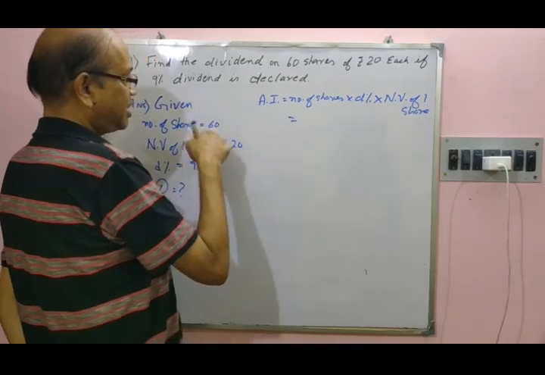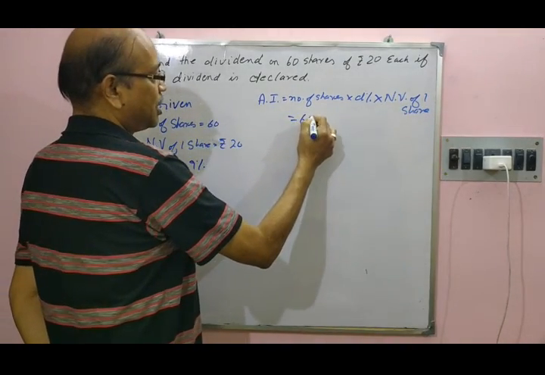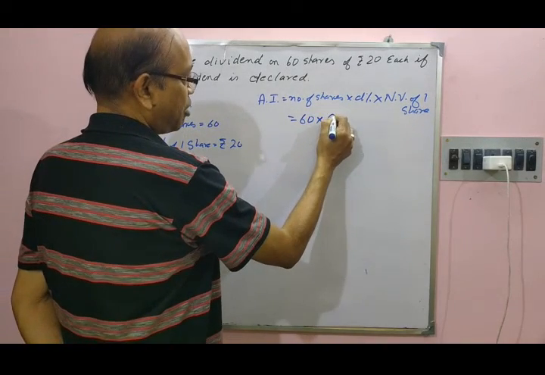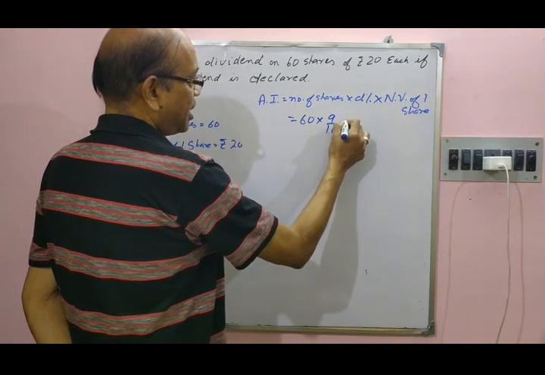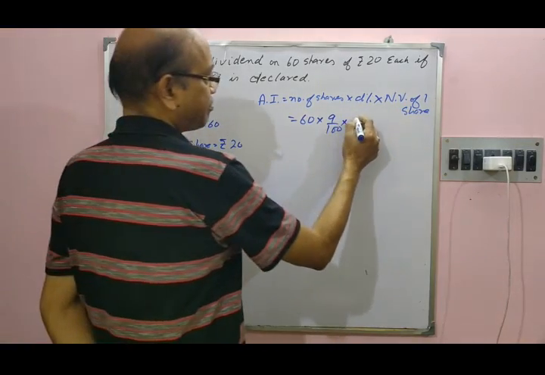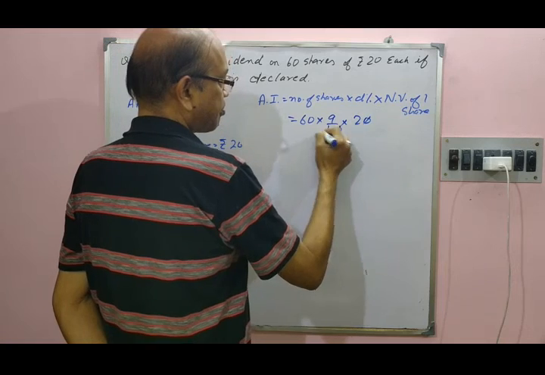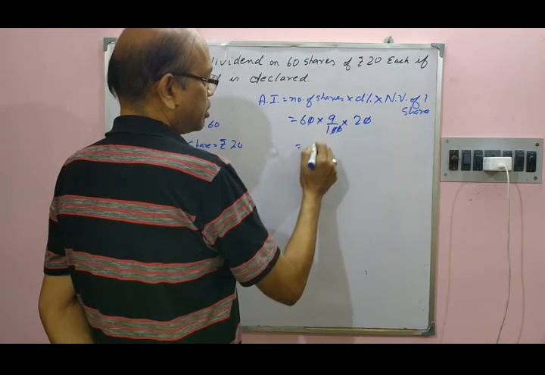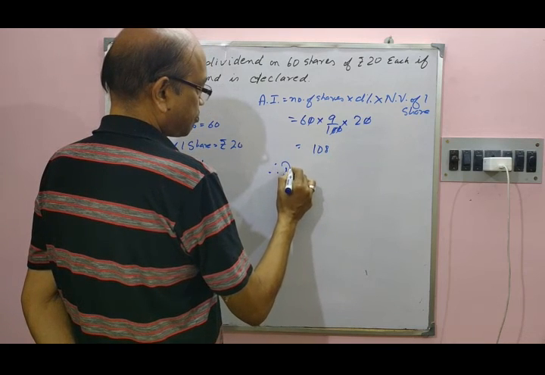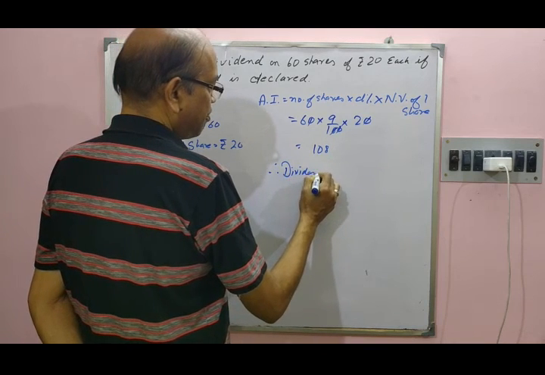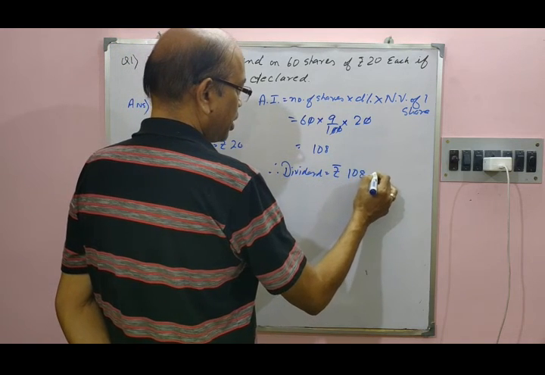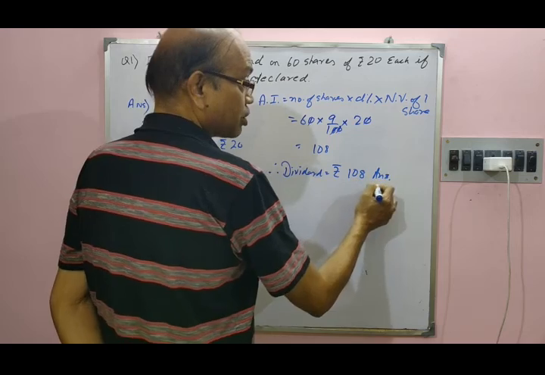Number of shares 60 into D percent, which is 9%, written as 9 by 100, into NV of one share 20. That gives 108. Therefore, dividend is rupees 108. This is your answer.